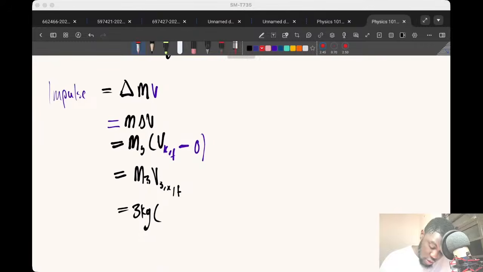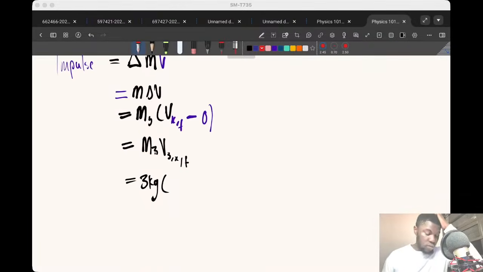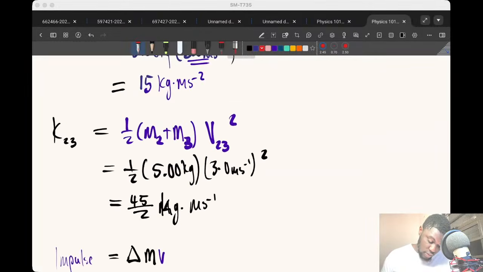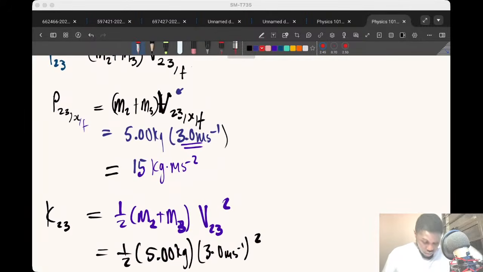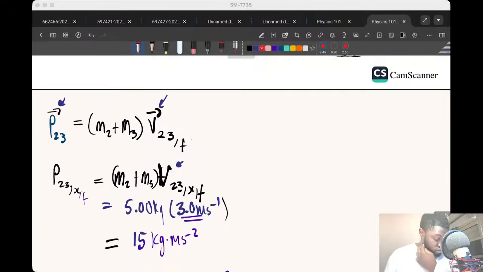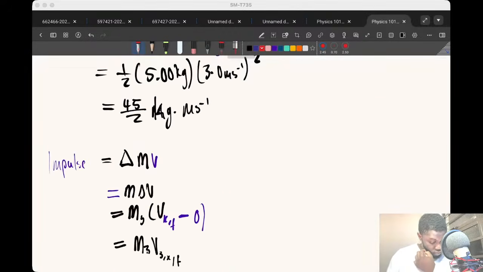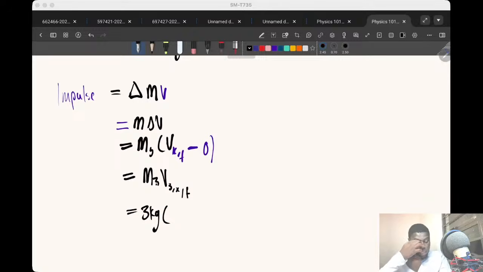So what is this going to be equal to? 3 kg times the final velocity in x. That's the 3 kg cart.